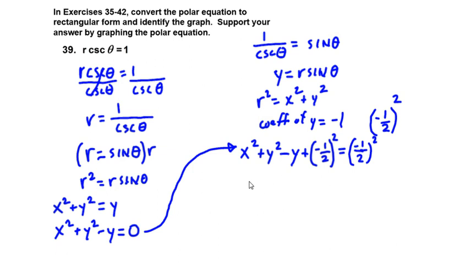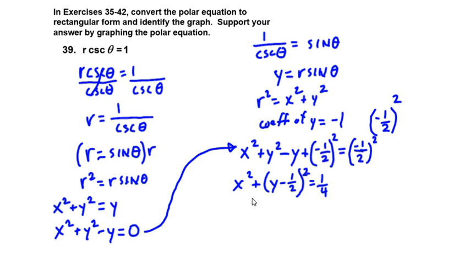And so working this all out, what we get is x squared plus, and now we have a perfect square here, y minus 1/2 quantity squared is equal to negative 1/2 squared is 1/4. And so in this case, our r is going to be, I believe, 1/2. Our radius is 1/2.